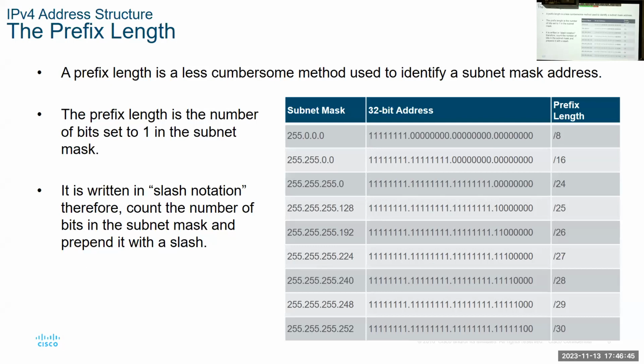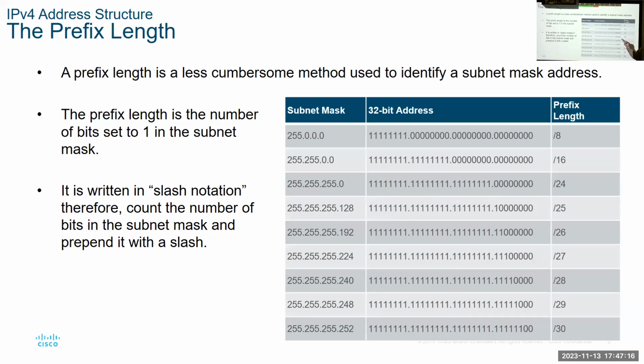We stop at 30 because why? Why can't we have a subnet mask of 31 bits when we're assigning an address to a host? You need 2 for the network ID and the broadcast. You need at least 2 bits, because 2 bits gives you a total of 4 addresses, since 2 squared is 4.